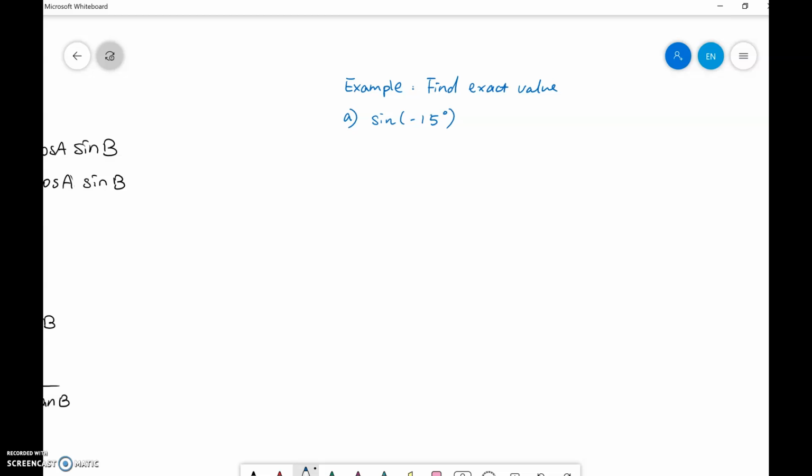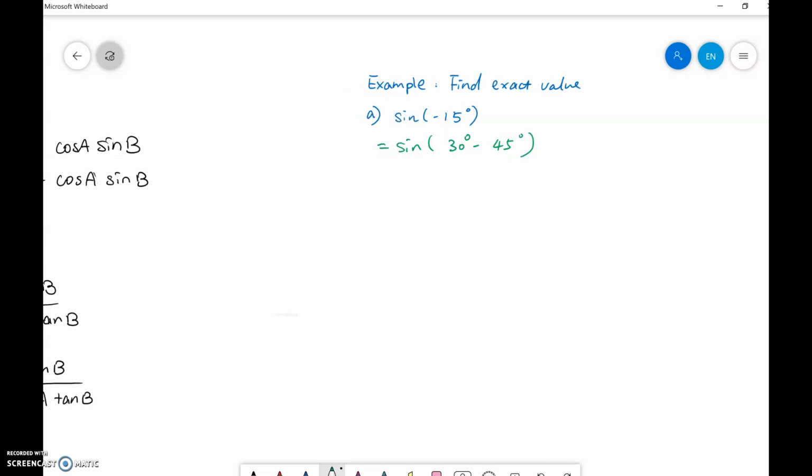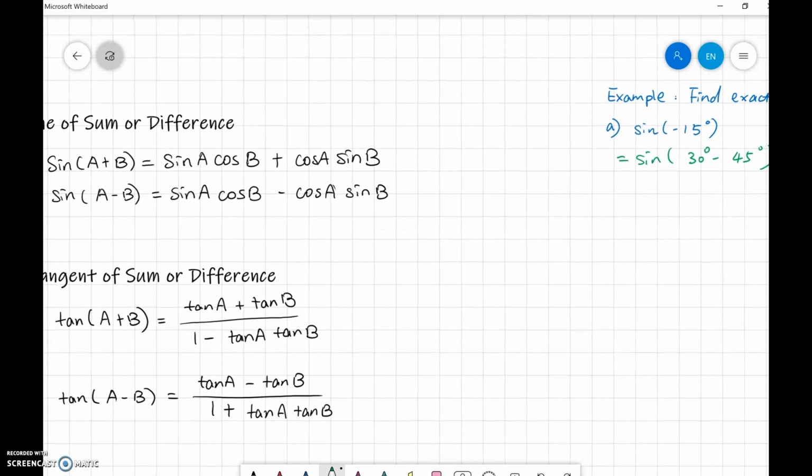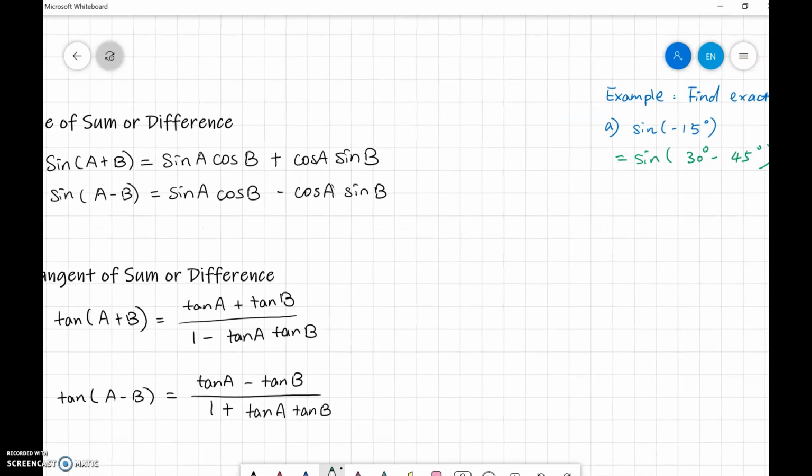Negative 15 is not a special angle, so we do need to rewrite negative 15 into, actually the other direction, 30 minus 45, because it's negative 15. So that means I'm going to use the difference formula for the sine function.